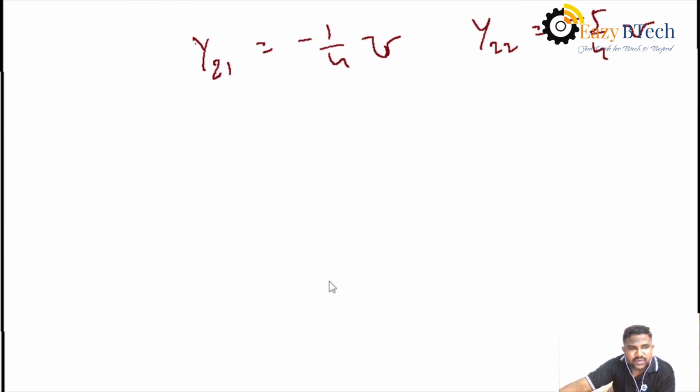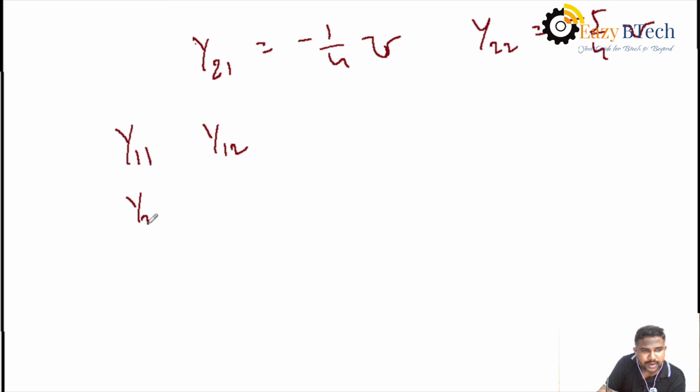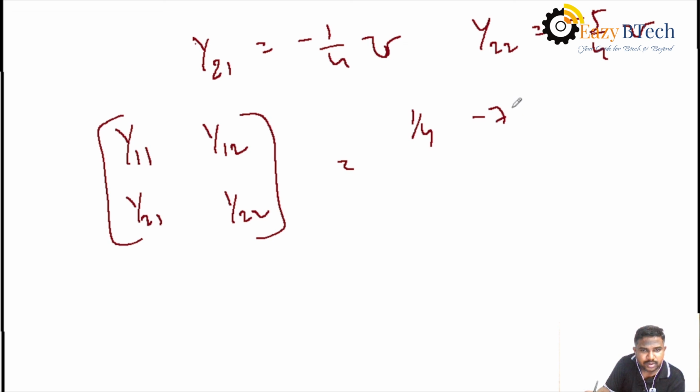Hence, after finding all the Y parameters, you can represent them in the form of a matrix. That is, Y11 is 1 by 4, minus 7 by 4, minus 1 by 4 and minus 5 by 4. This is the Y matrix.